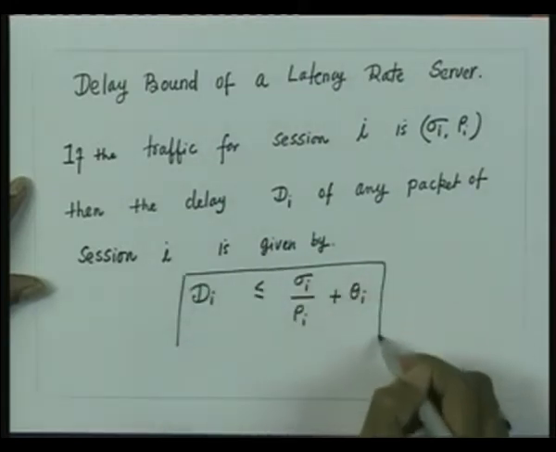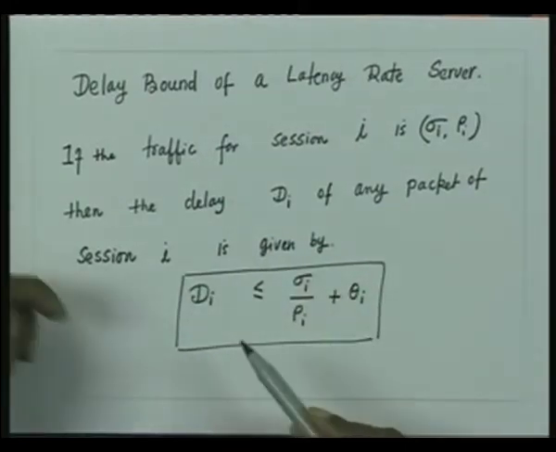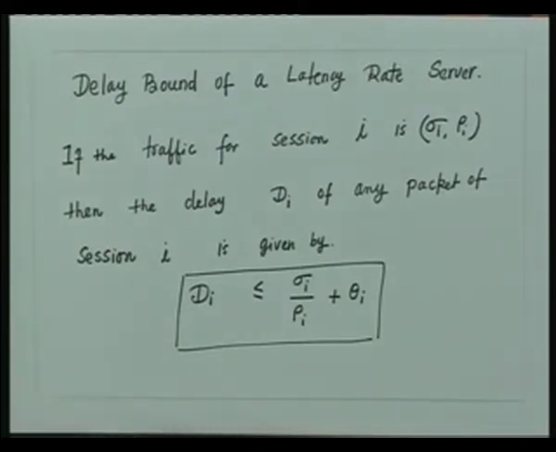Now this is an important result which is trying to say that if we know the latency of a particular packet scheduling algorithm, then we can determine the maximum delay that the packet of a particular session will suffer if served by that packet scheduling algorithm.